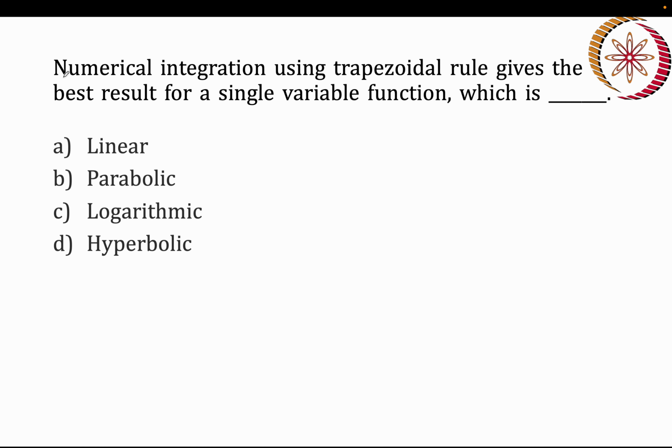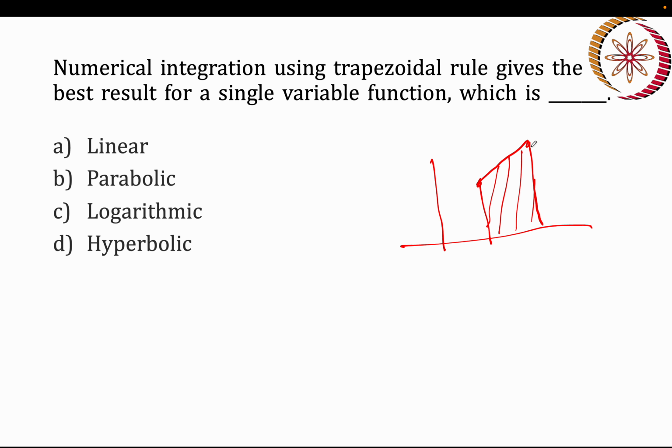Then the next question is: the numerical integration using trapezoidal rule gives the best result for single variable function which is. If you see the trapezoidal rule, it approximates the area. Let's say there are only 2 points, it approximates this area using linear interpolation, and this area now looks like a trapezoid. So this is the trapezoidal rule, and you can see that this is a linear function.